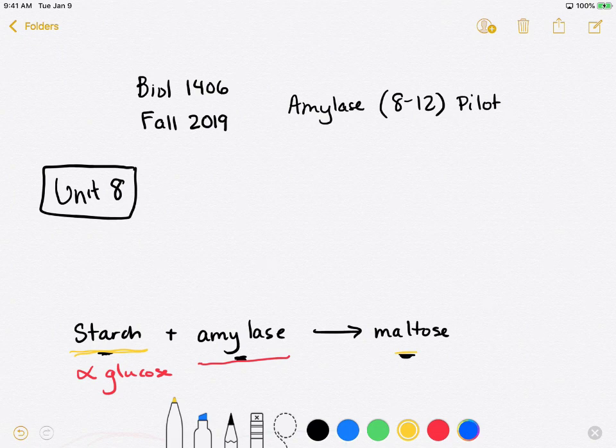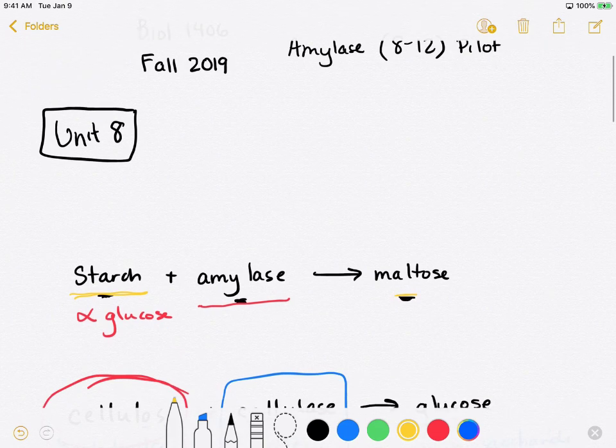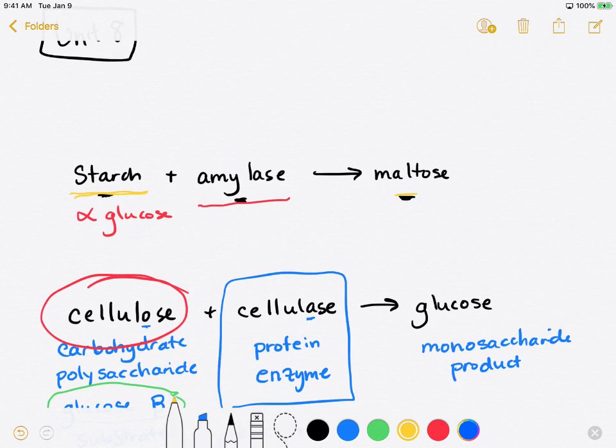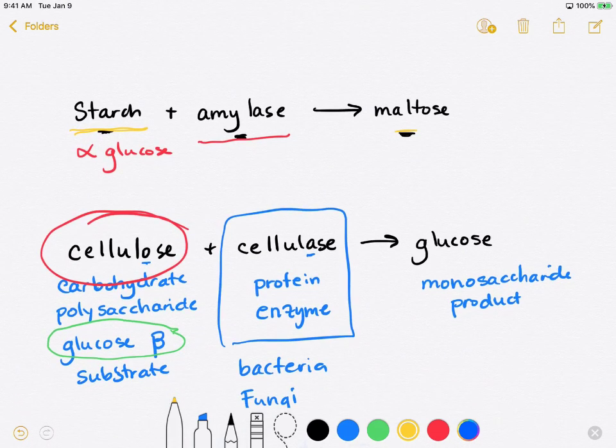What we did when we came to Unit 8 is we began to switch gears and we started talking about a new reaction. It's this new reaction that I want to talk about right now that you should understand really well. So the name of the substrate that we began using in Unit 8 was a substrate called cellulose. Cellulose is a carbohydrate.